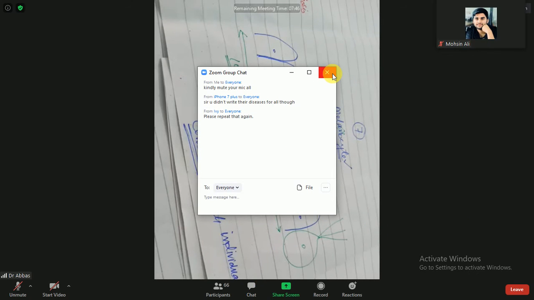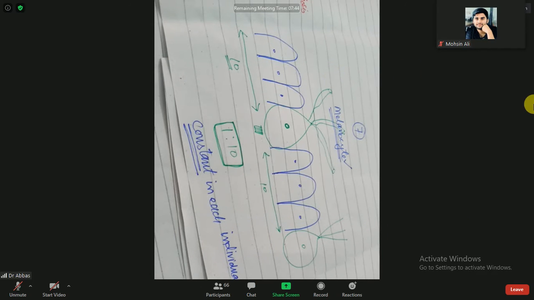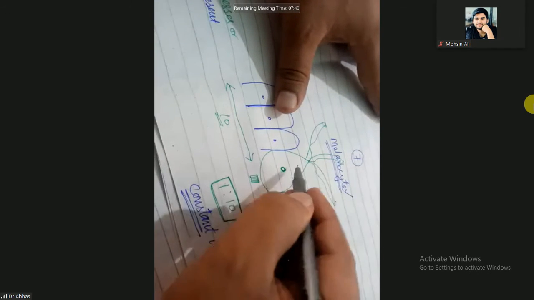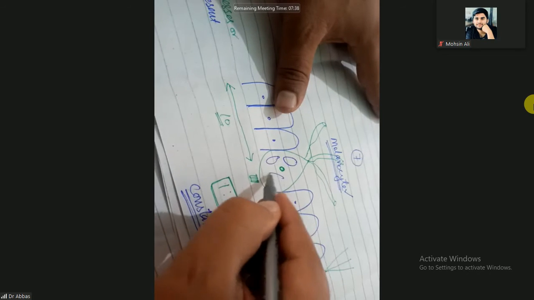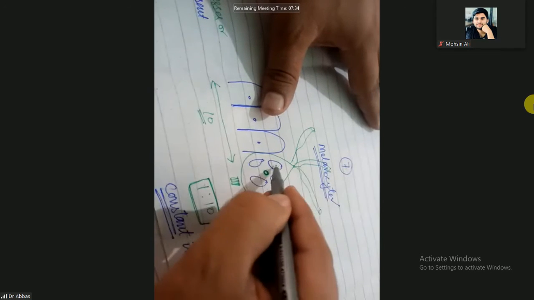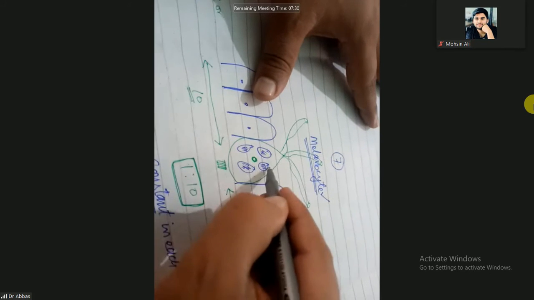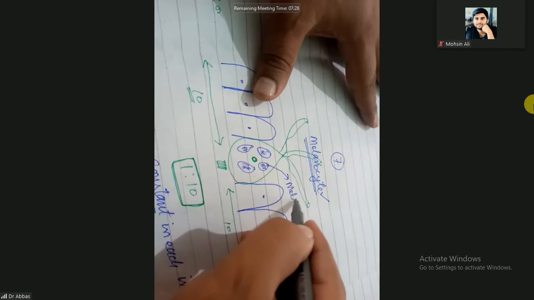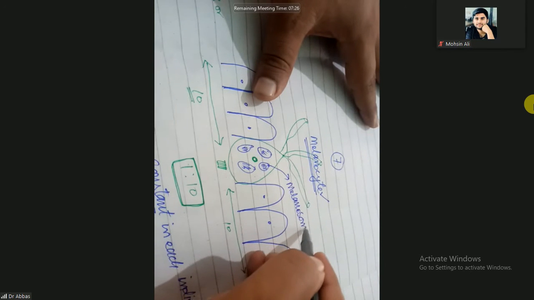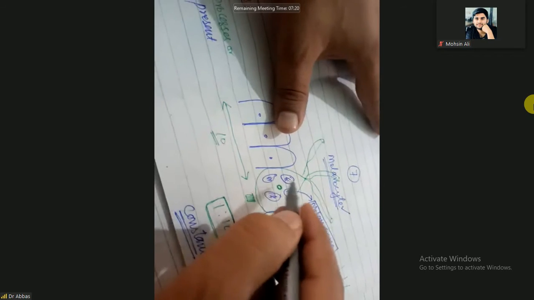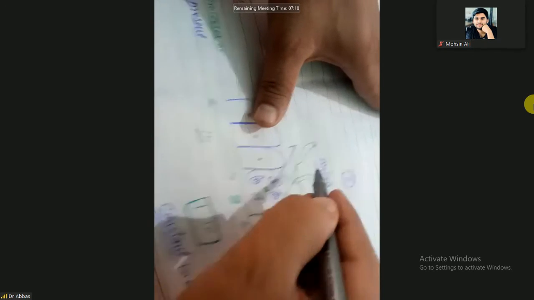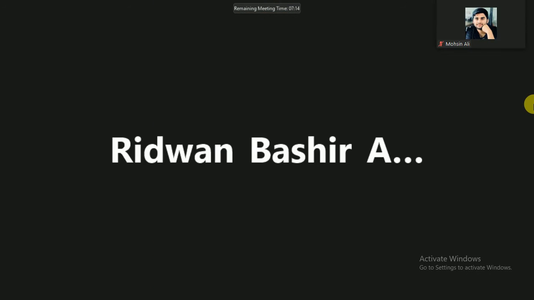Clear? So, what is the thing that melanocytes will synthesize? In the melanocytes, there are the melanosomes. These are granules. We call them melanosomes. And these melanosomes are filled with melanin, a colored pigment.